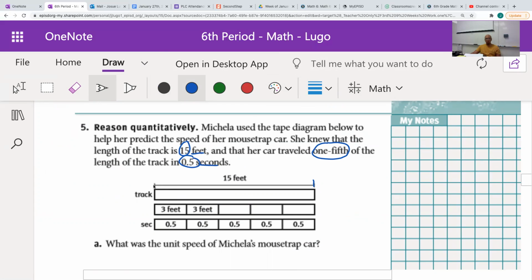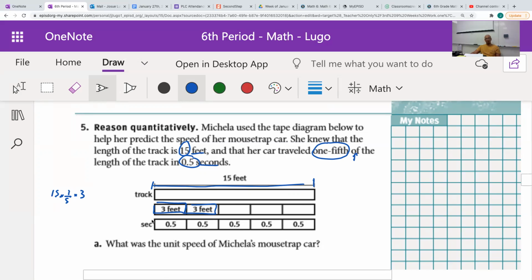In other words, the whole track is 15 feet long, but the car travels 1/5 of the whole track. Remember, of means multiplication. So I can do 15 times 1/5: 15 times 1 is 15, divided by 5 is 3. Notice how they've already separated the track into fifths. So 1/5 of the track is really just 3 feet.